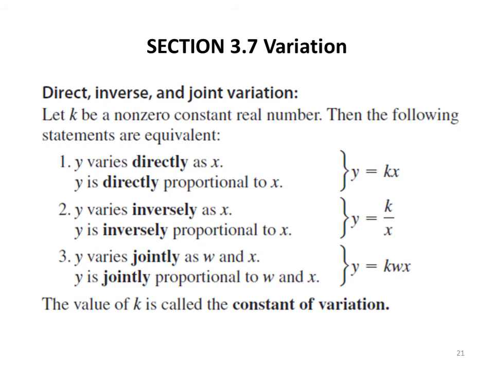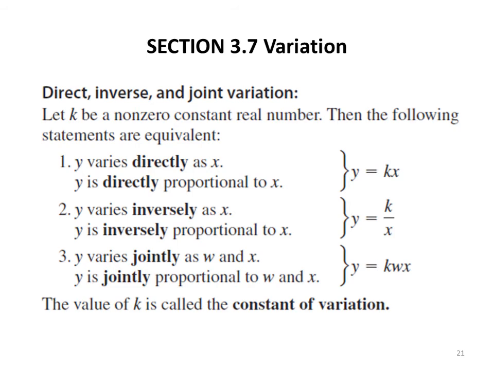The third case, y varies jointly as w and x, that is, the variable y varies jointly as w and x, or y is jointly proportional to w and x, if you can write y equal k times w times x. If k in all those cases is a constant, it is called the constant of variation.